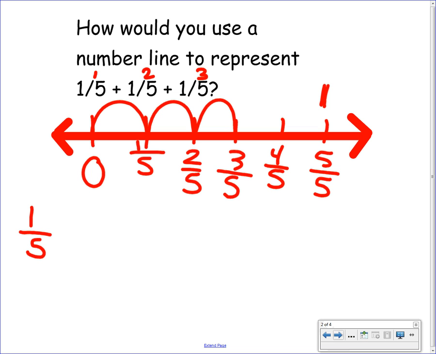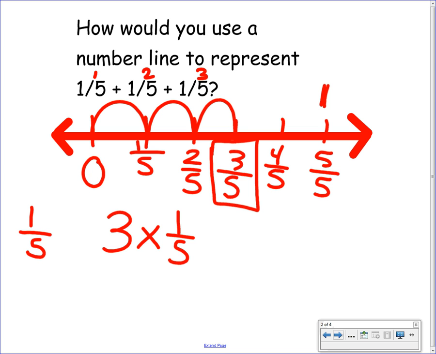I know that 1/5 plus 1/5 plus 1/5 equals 3/5. I'm going to go ahead and box my answer. This could also be written as a multiplication fact as 3 times 1/5. And this is how we use a number line to represent multiplication.